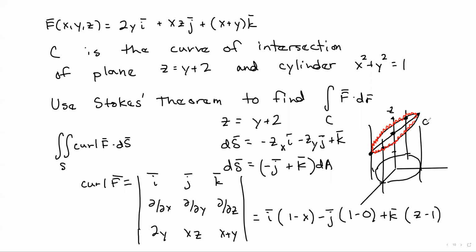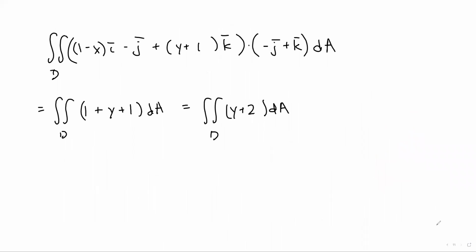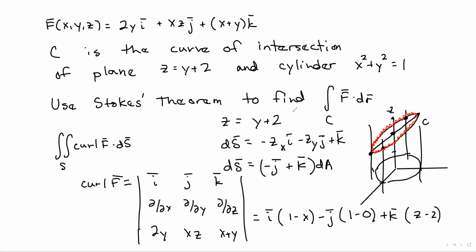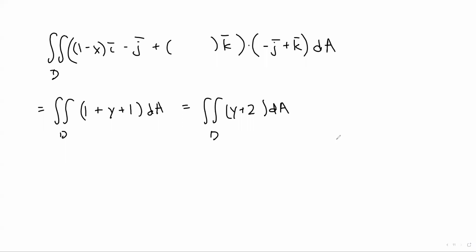All right, I think I found it. This should be a z minus 2. Right, so for k, we've got partial of xz with respect to x, which is z, minus the partial of 2y with respect to y, which is 2. So that should have been a 2. And so we've got z minus 2, so that should be y plus 2 minus 2.